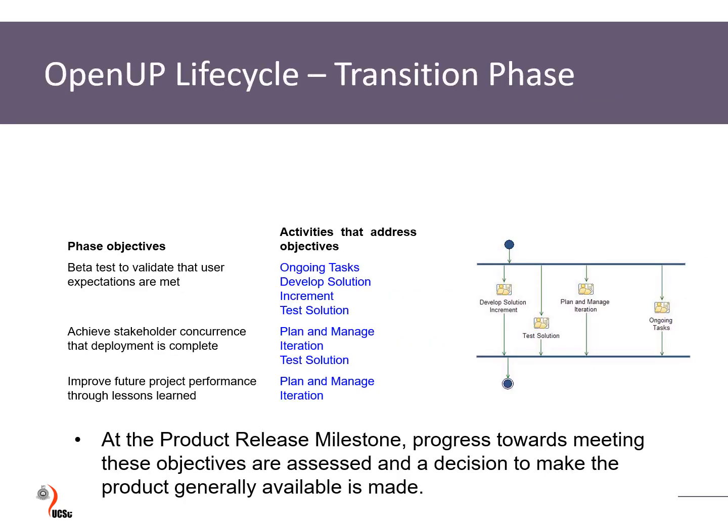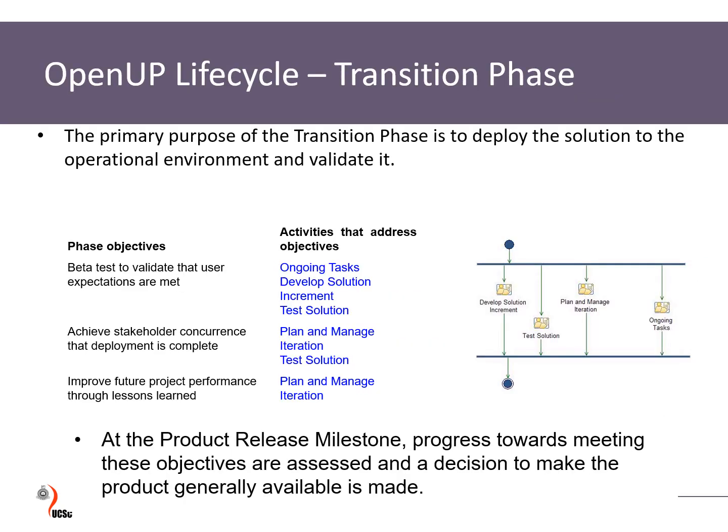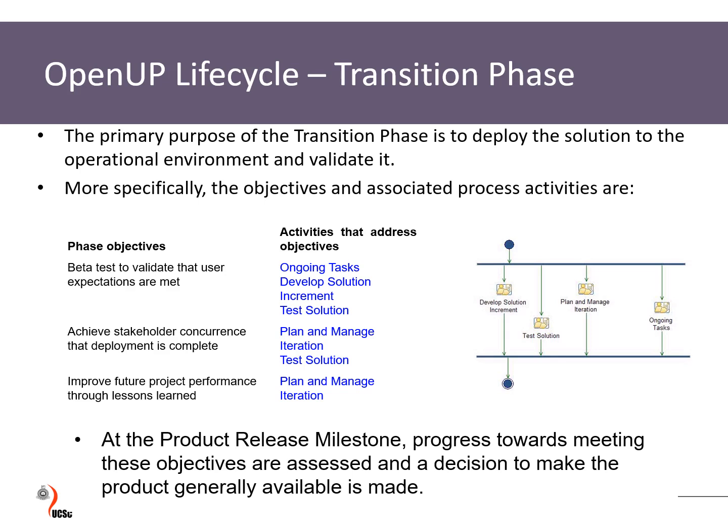The last phase, once the solution is developed, is the transition phase, whose purpose is to deploy the solution to the operational environment and validate it. In that case, you can see the objectives and the activities. Beta test to validate that the user expectations are met. The ongoing tasks, develop solution increment and test solution, correspond to these two things, which as you can see are done in parallel.